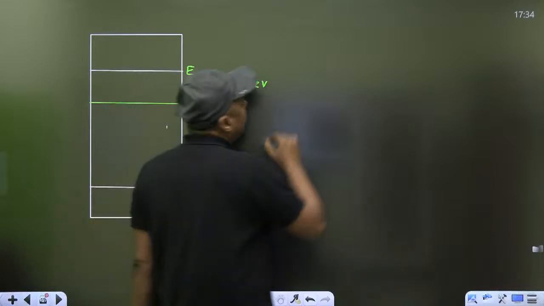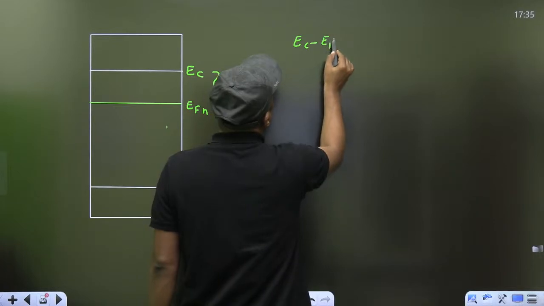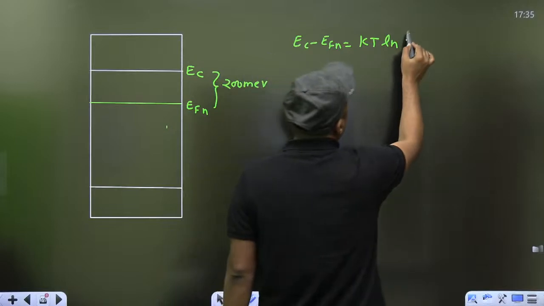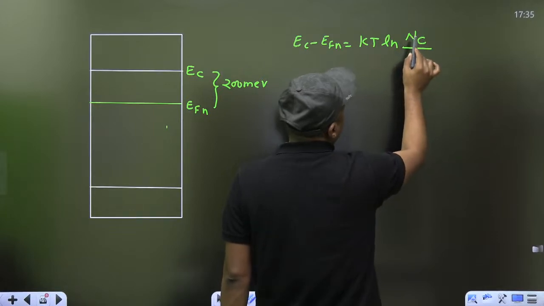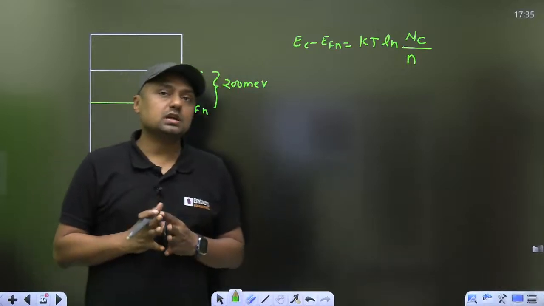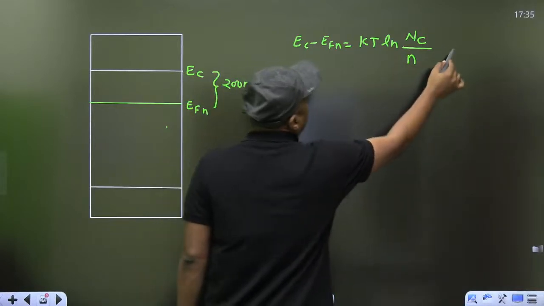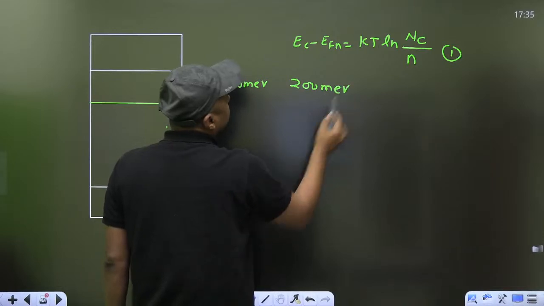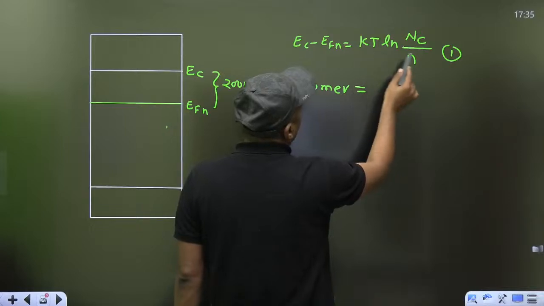This gap EC minus EFN is KT log of NC by N, where NC is called the effective density of states in the conduction band and N is the concentration of electron. This is equation number 1: initially this gap is 200 milli electron volt, and that is KT log of NC by N.